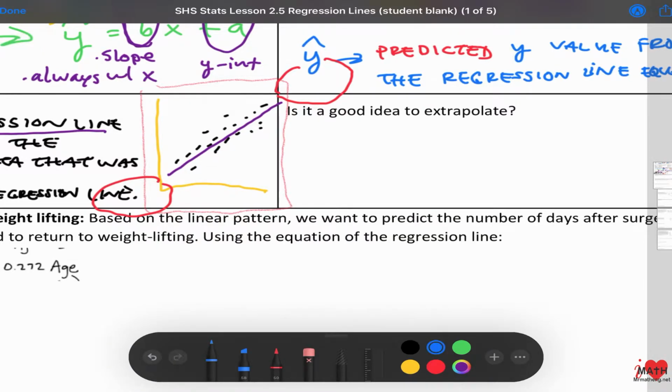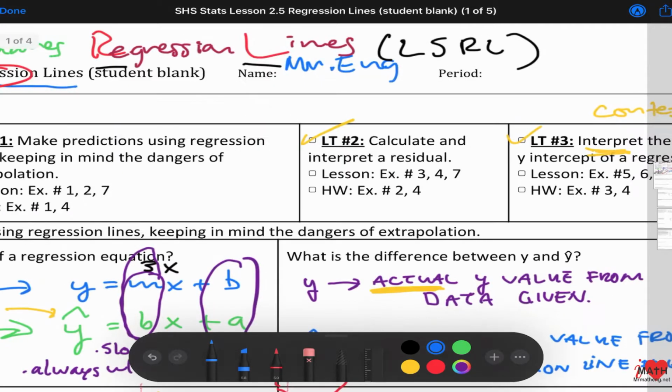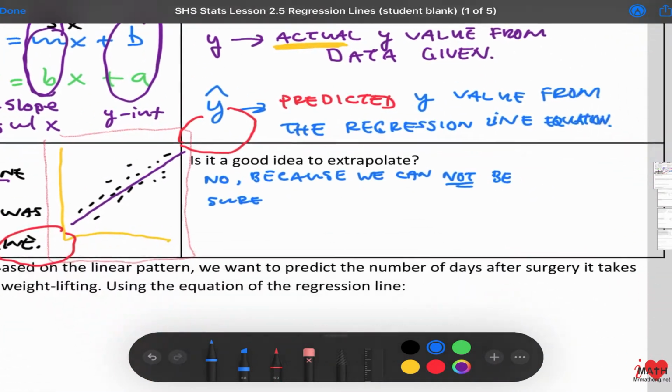Okay, is it a good idea to extrapolate? Can't pronounce that one. No, because we cannot be sure. Oh, what happened? There we go. Whoa, sorry.